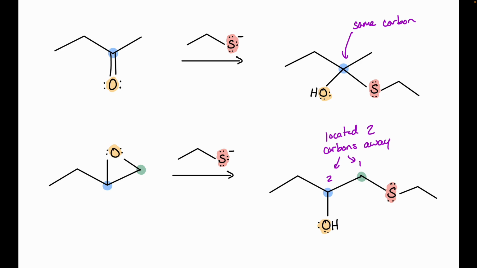We have a very similar type of reaction, another nucleophilic addition reaction, but where exactly that nucleophile is being added relative to that hydroxyl group is the big difference between these two products here. Cool. All right, we'll finish this up next time.